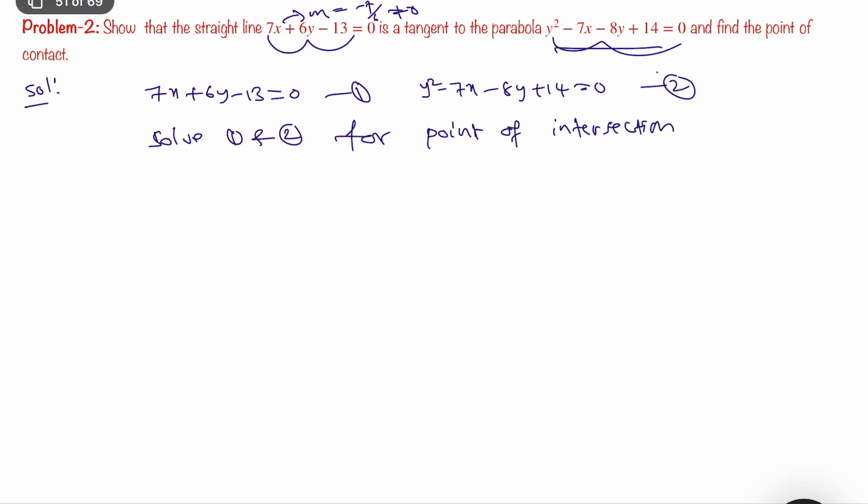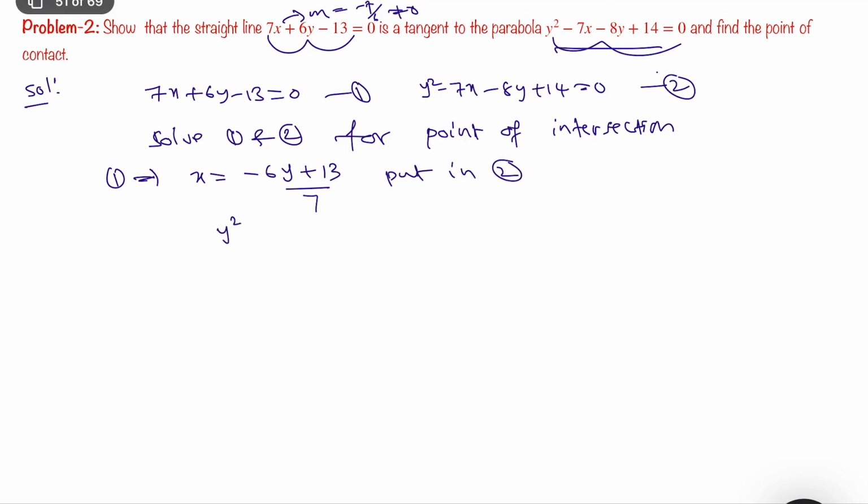First, let us try to eliminate x from 1 and 2. So from 1, I can write x = (-6y + 13)/7. Now we put this value in 2.